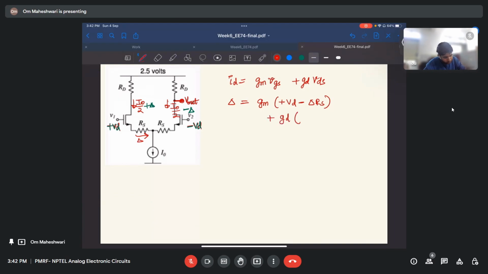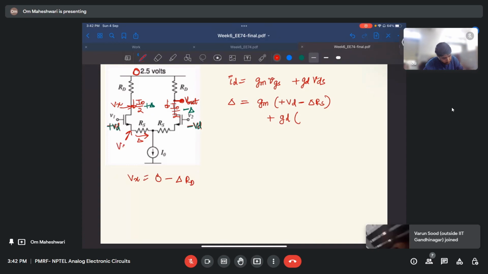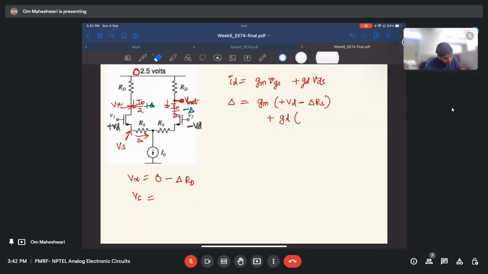GD. So what is the voltage here? Let's say Vx. So Vx will be, for AC this will be ground, so 0 minus delta RD. And this voltage, let's say Vs. Vs equals to minus delta RS.